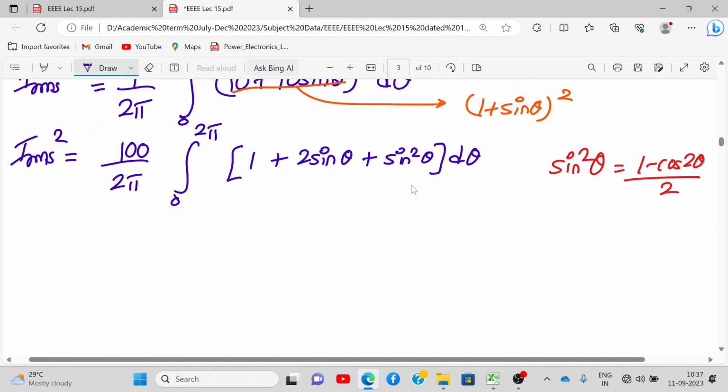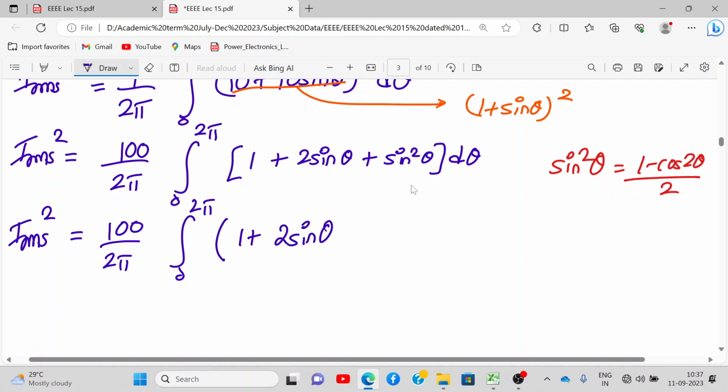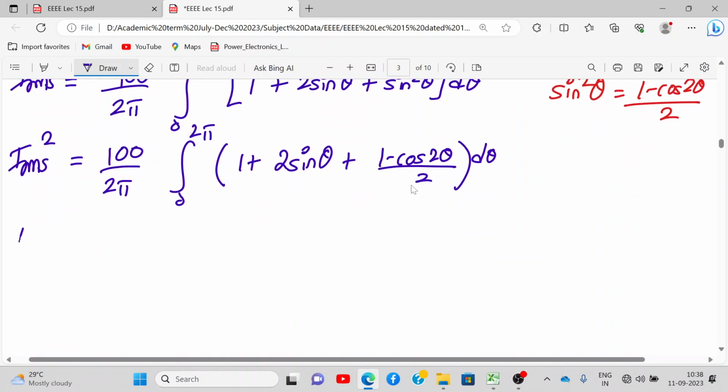Please continue solving this, don't just look at it. This will be 100 upon 2 pi. Okay, let me write the integral one more time: 0 to 2 pi, 1 plus twice sine theta plus (1 minus cos 2 theta) by 2, d theta. Got it? And now you open the integral.